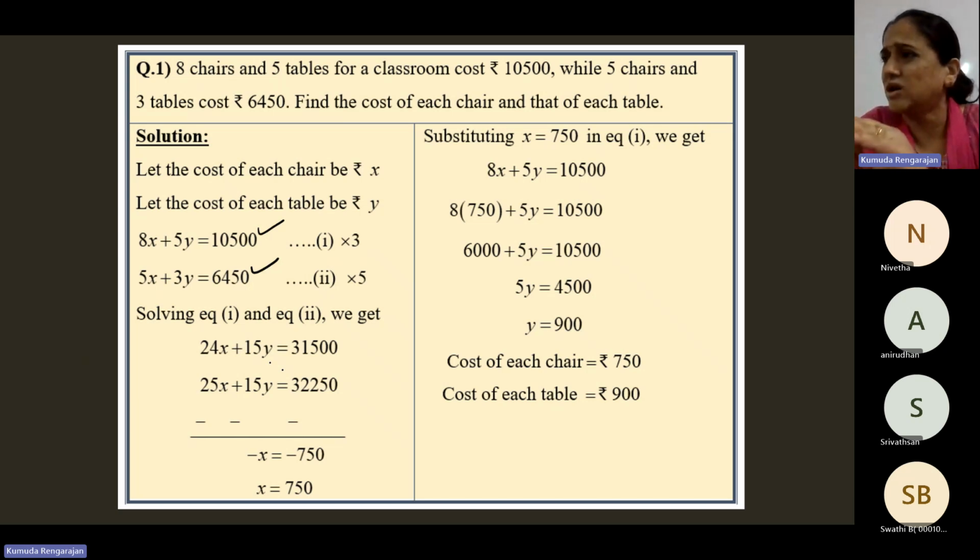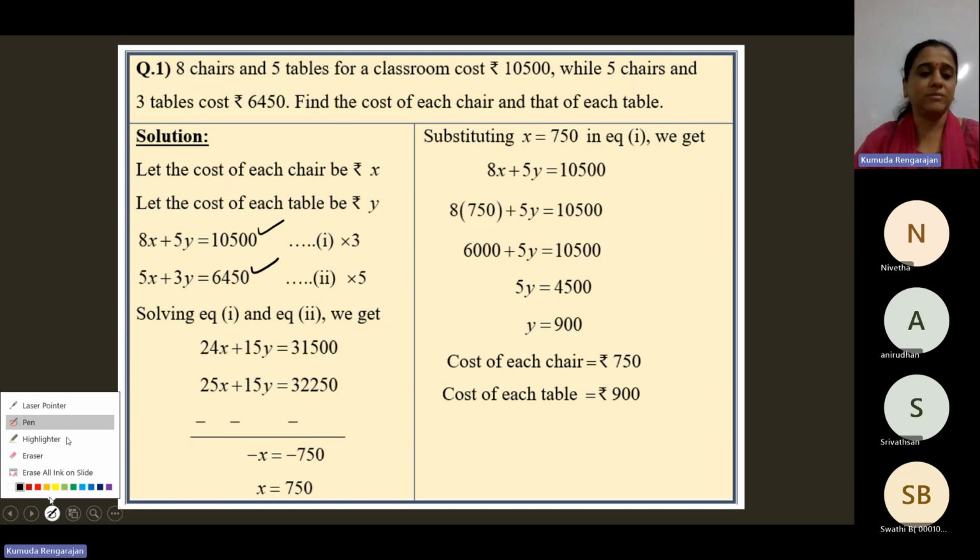There's one more method, just called the special method: adding the 2 equations, subtracting the 2 equations, and then solving the resulting equations. We have used that method in one of the classes earlier on this chapter.